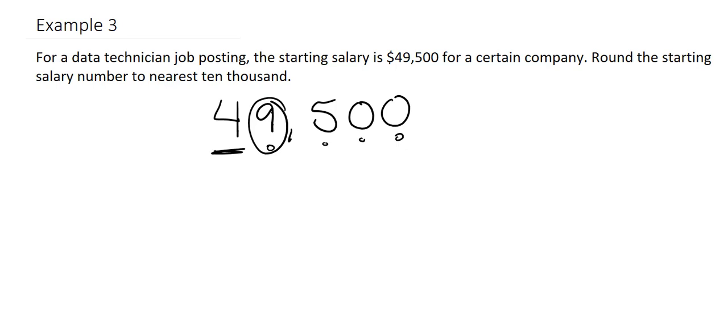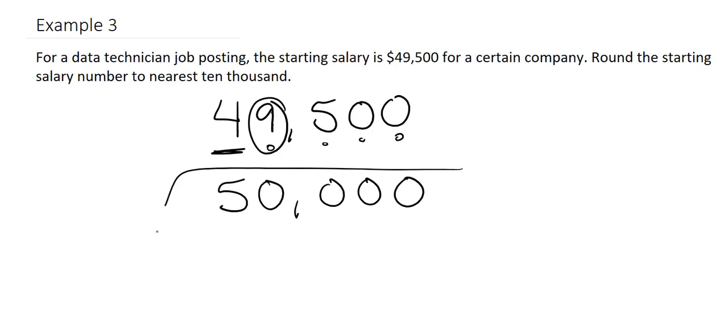Because it's between 5 to 9, it's a 9, so we add 1 to the 4. That becomes a 5. And then every number after becomes a 0 due to our rounding rules. So the nearest 10,000 is going to be 50,000.